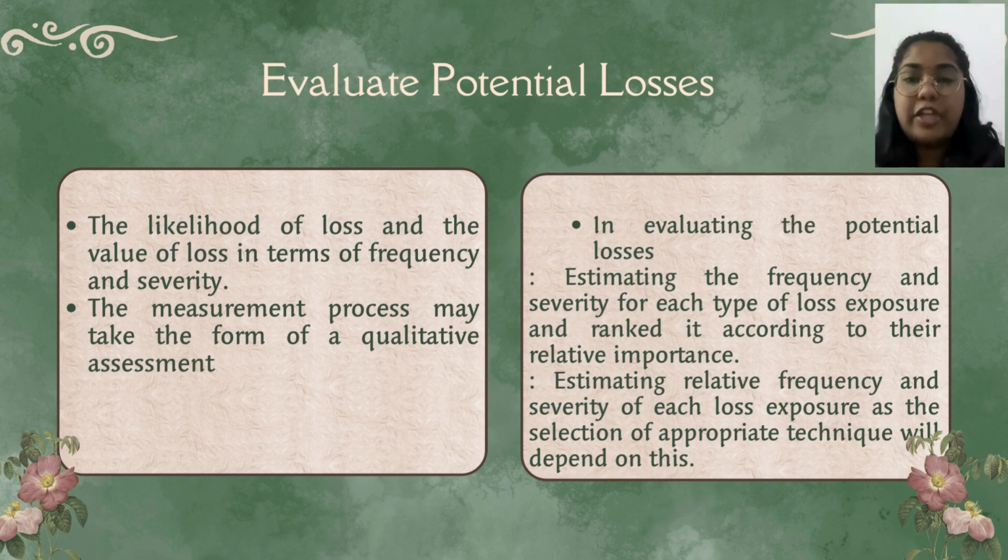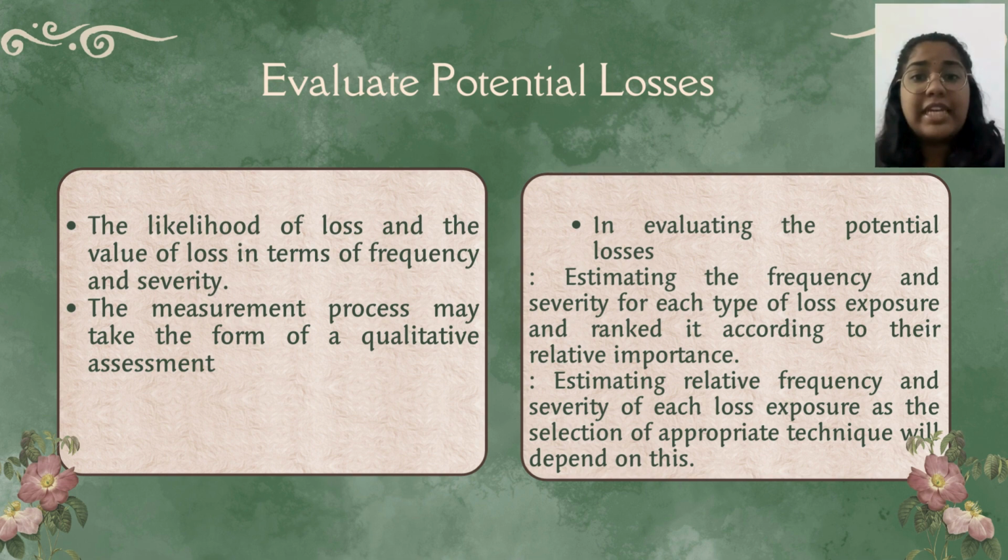Moving on to evaluating potential losses. Risk management evaluates the likelihood of loss and the value of loss in terms of frequency and severity. The measurement process may take the form of a qualitative assessment, using percentages. These steps involve two important aspects of loss exposures, which are frequency and severity.